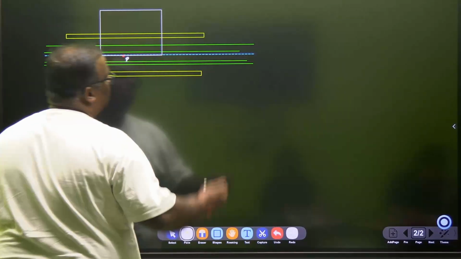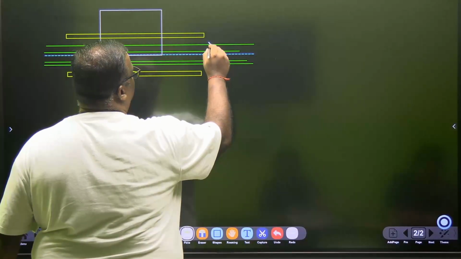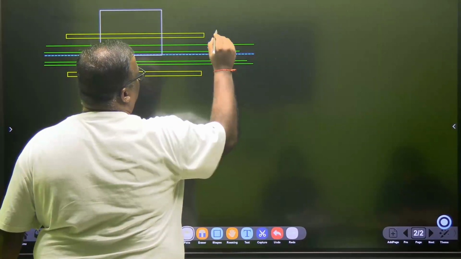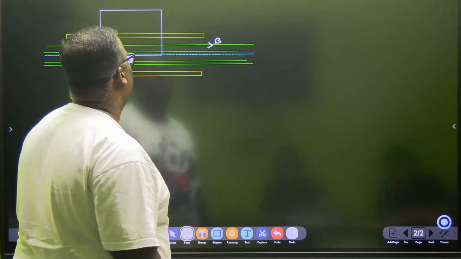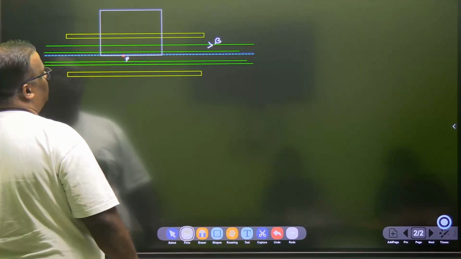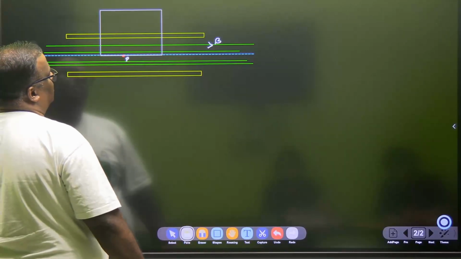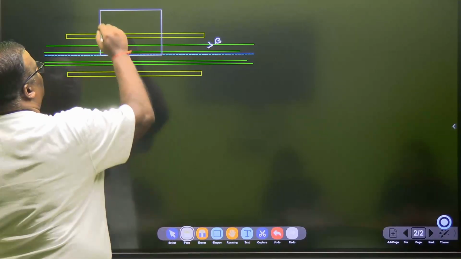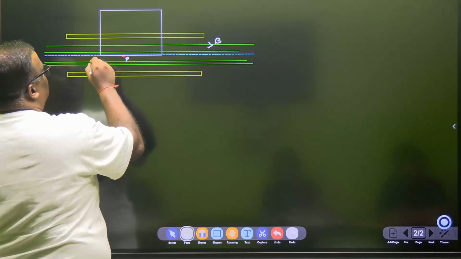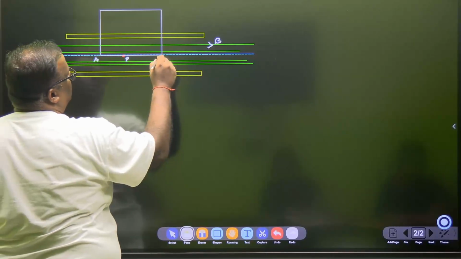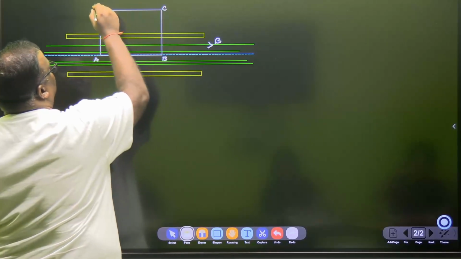This is the magnetic field, which is constant and uniform, and you have selected an Amperian loop such that it is A, B, C, D.